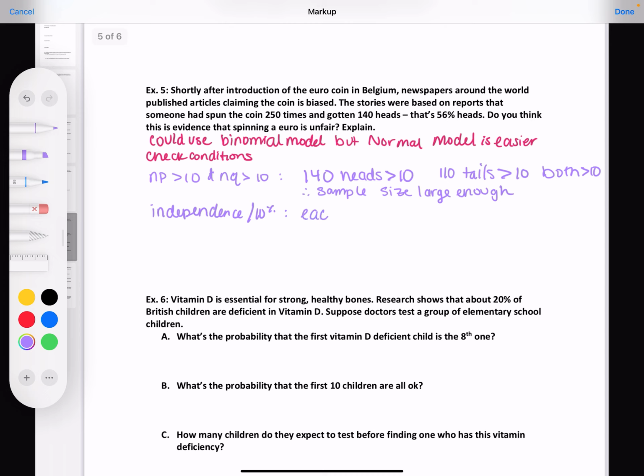So each coin flip is independent, so that condition is met. Independence, 10%? It's a 10% condition or independence. It's got to be greater than 10% of the population and independent.